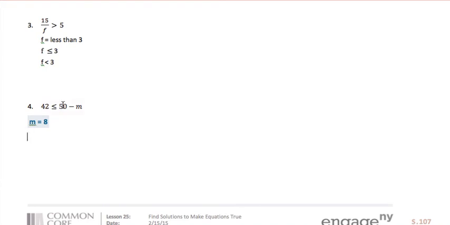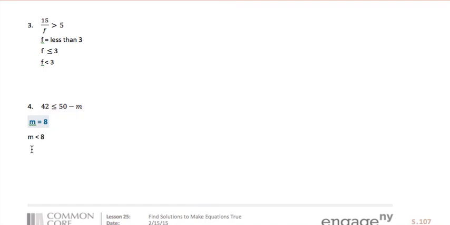And then if M is greater than 8, if M is less than 8, for example, if M is 6, 50 minus 6 is 44, and 42 is less than or equal to 44.